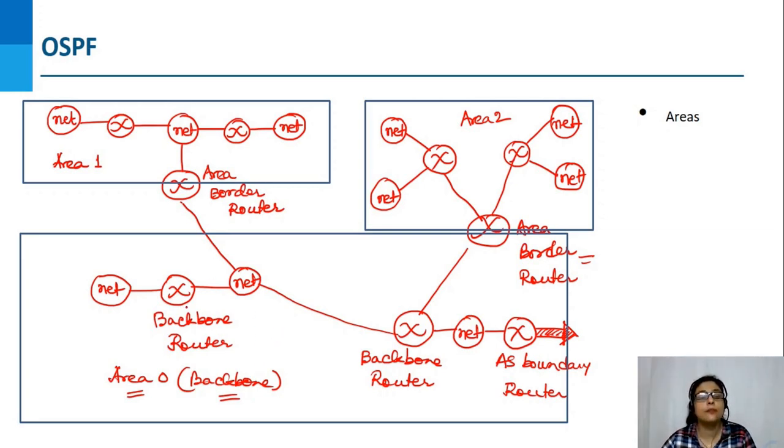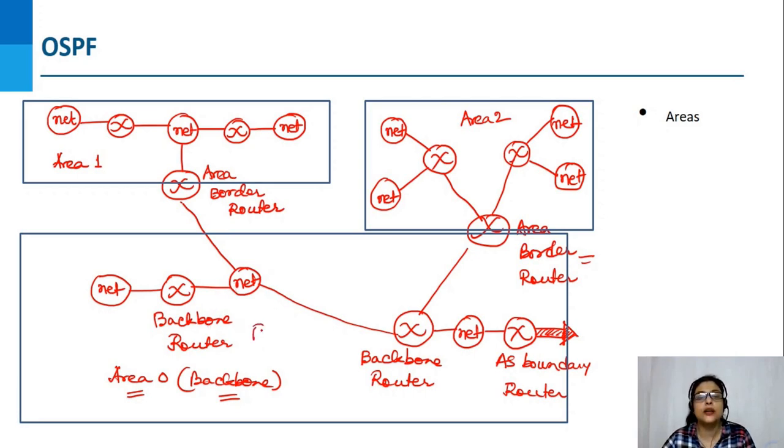Now we have the backbone router here. The backbone router is again connected to different networks. We can have several backbone routers in an area which is considered the backbone. All other areas must be connected to the backbone area through this backbone router. It is the backbone router which takes care of the entire communication in the domain.